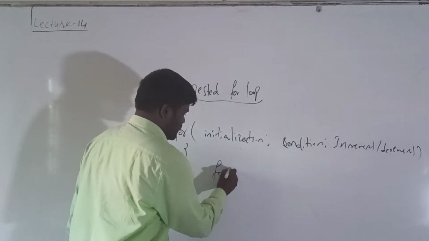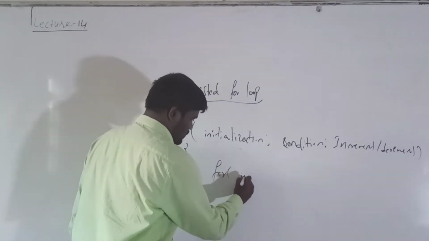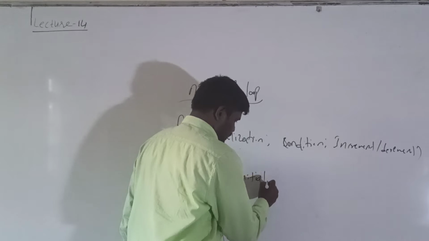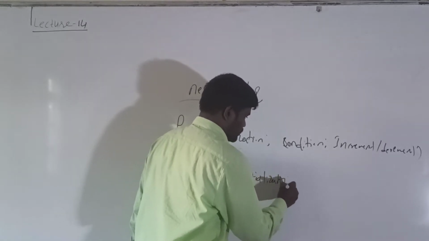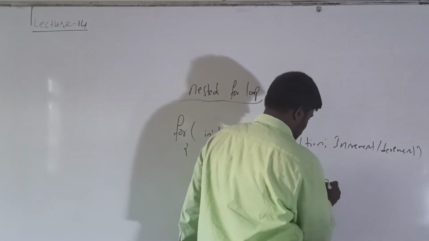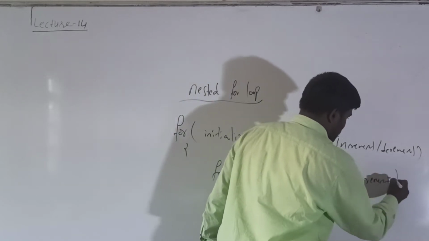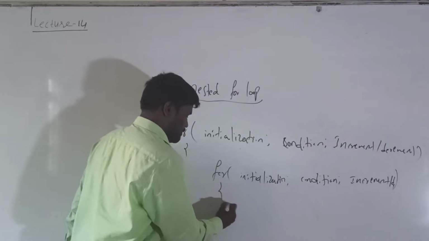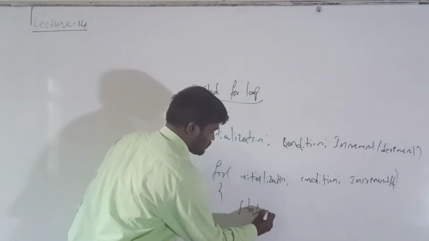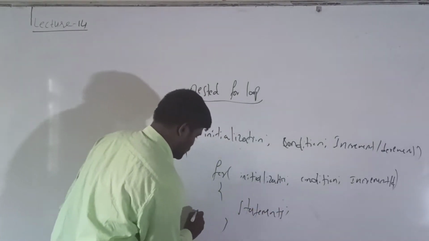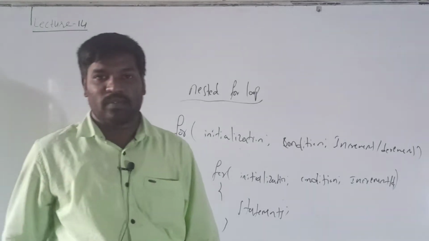In the same way, you can write another for loop: initialization, condition, increment or decrement. So this is the nested for loop.